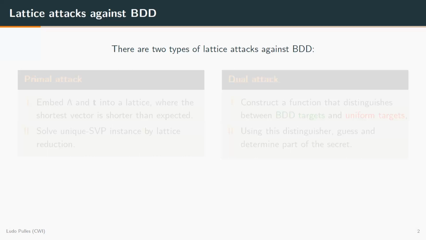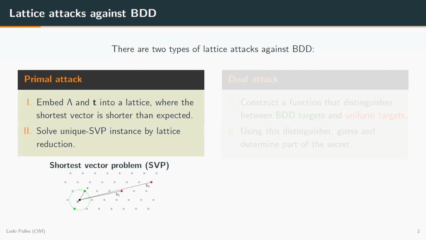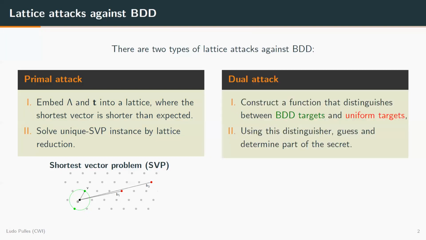So what kind of attacks do we have against this problem? They fall into two categories. On one side, we have the primal attack. Here you embed the lattice and the target into another lattice, and on this lattice you solve the shortest vector problem. And on the other hand, we have the dual attack.